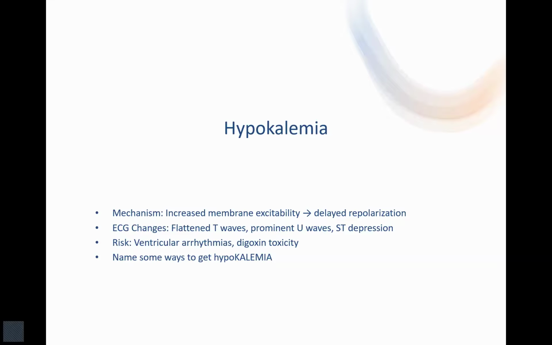Similar to how hyperkalemia can cause that sine wave, hypotension, and potentially arrest, hypokalemia can also cause significant ventricular dysrhythmias. It can also be a concomitant problem when someone has DIG toxicity. If they have too much DIG and a low potassium, that can usually spell trouble.